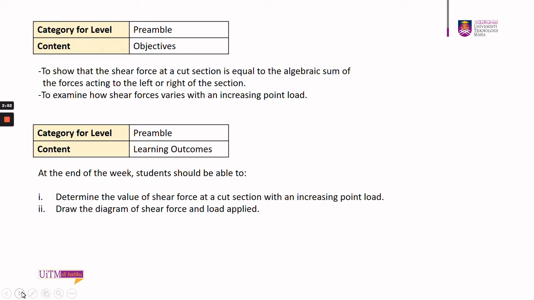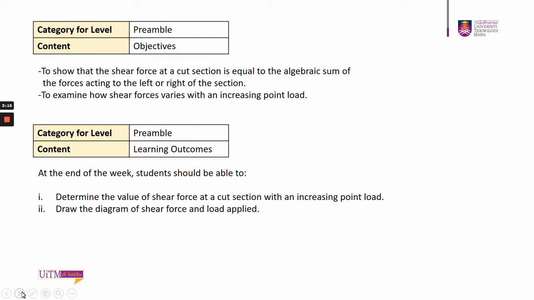In this experiment, there are two objectives. The first is to show that the shear force at a cut section is equal to the algebraic sum of the forces acting to the left or right of the section.